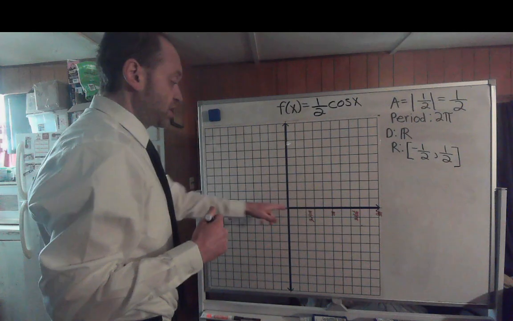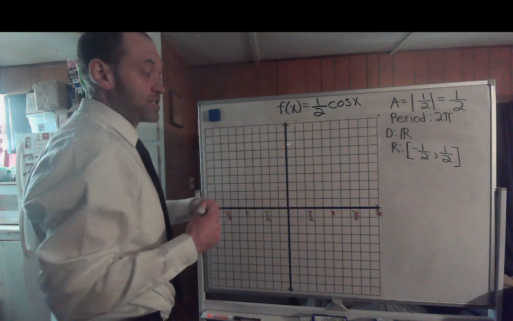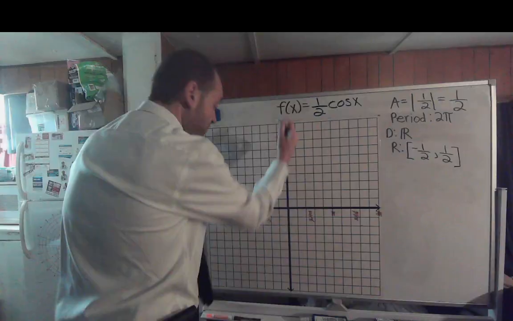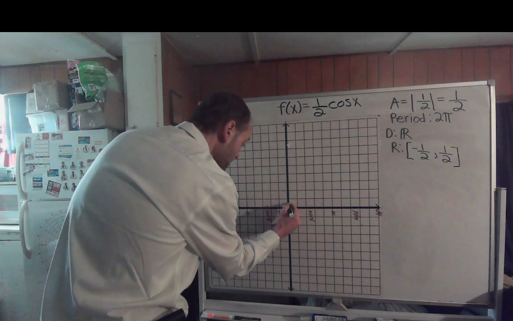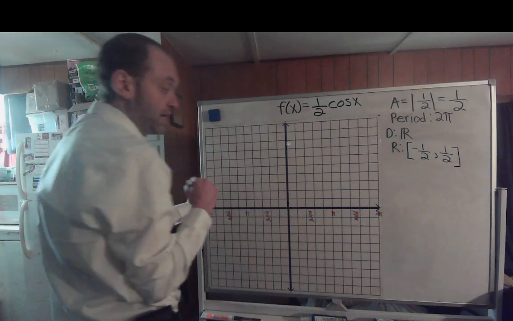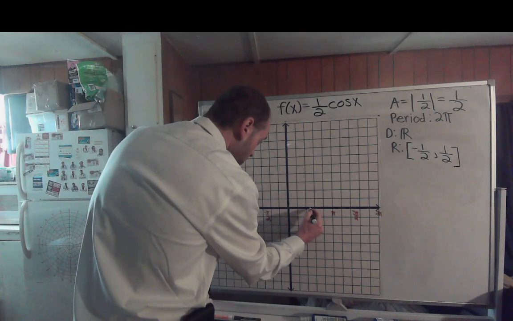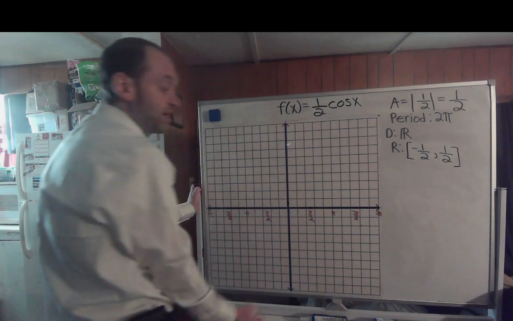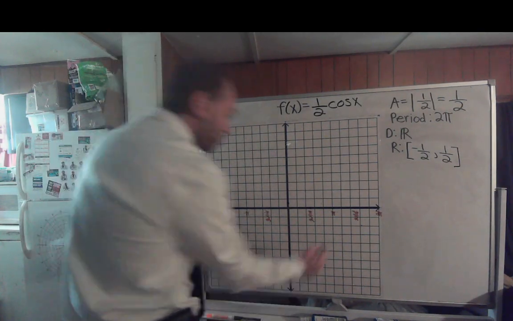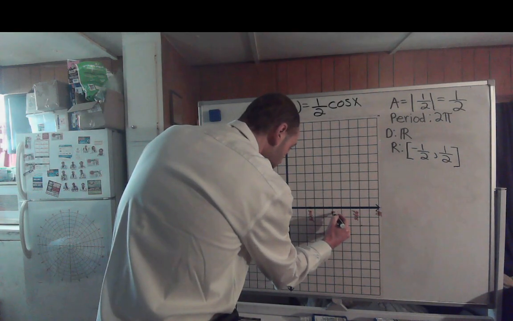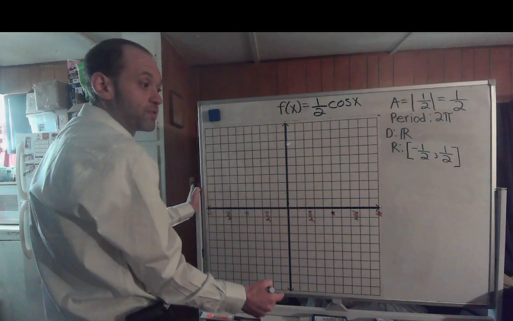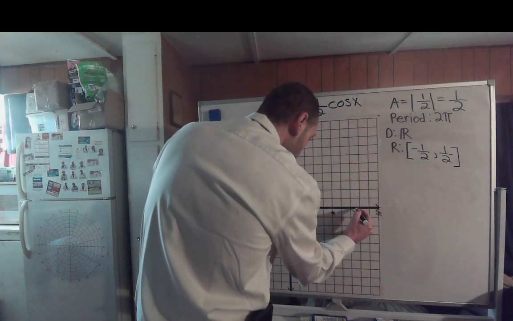Alright, so what's the cosine of 0? That's normally 1, but half of that is 1/2. What's the cosine of pi over 2? That's still 0. What's the cosine of pi? That's normally -1, but take half of that, you'll actually just end up getting -1/2. Cosine of 3 pi over 2 is 0.